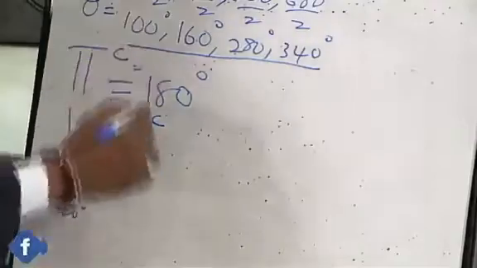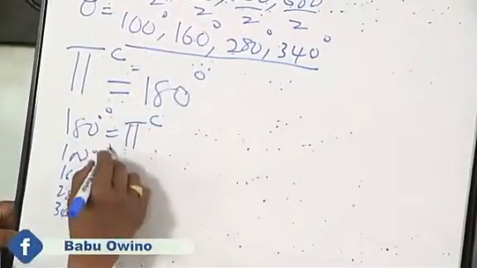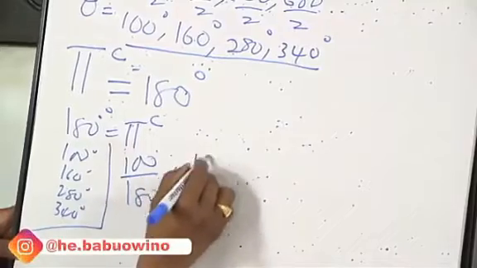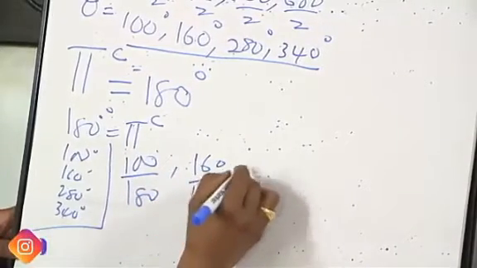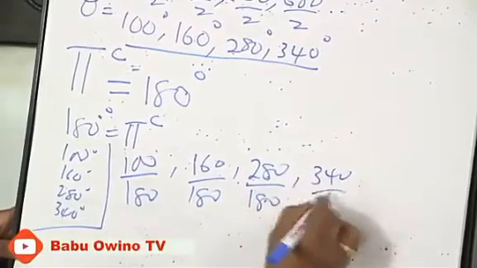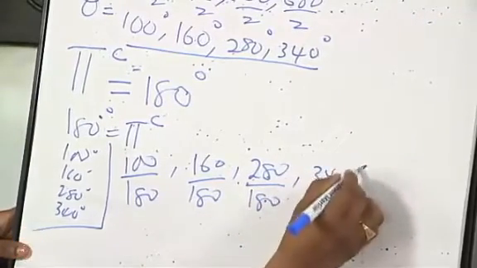So we divide all these angles by 180. So we'll have 100 divided by 180, 160 divided by 180, 280 divided by 180, and finally 340 divided by 180. They're in degrees.